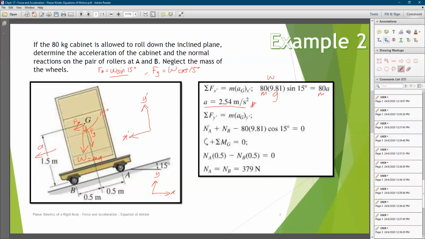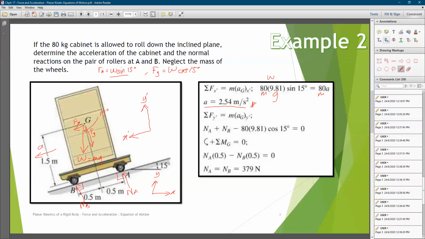And now, moving to the y component, what we have here is the normal force at B and A, and here it should be 90 degrees. The normal force here, and also the Fy in this direction.